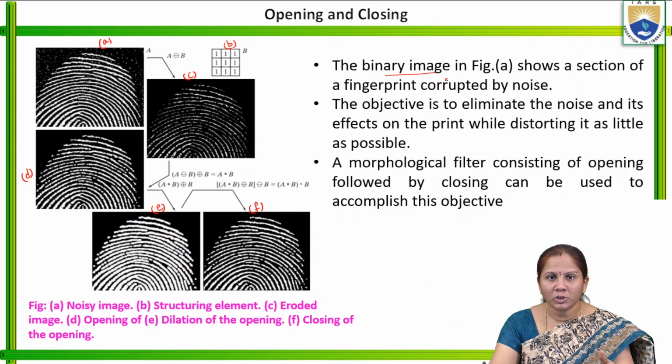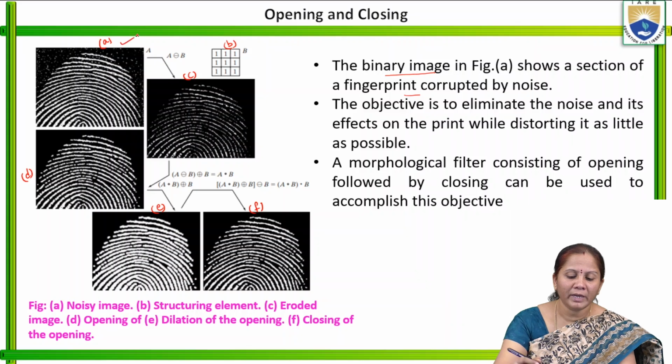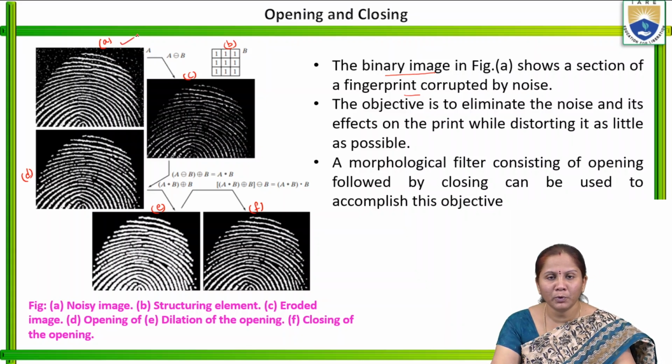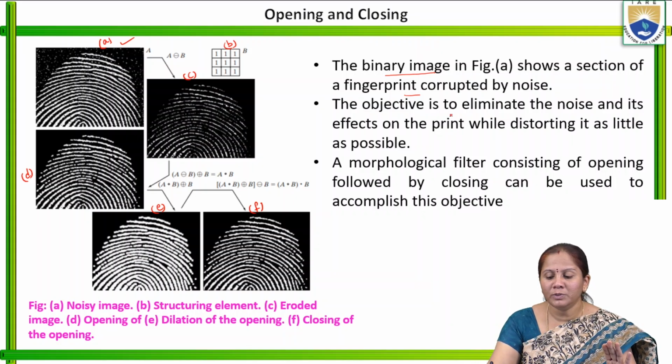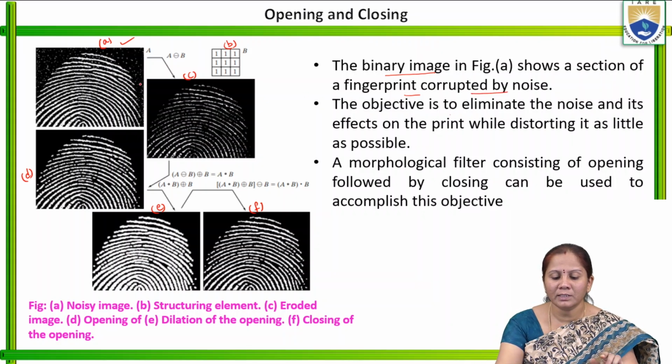The binary image is shown in the figure; because it is binary, it is 0 and 1, completely in black and white, and it shows a section of a fingerprint. This binary image is taken as the input, and it is corrupted by noise.